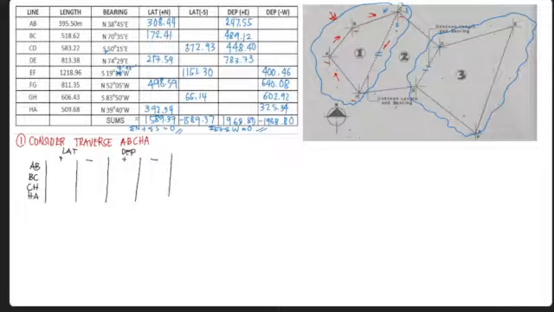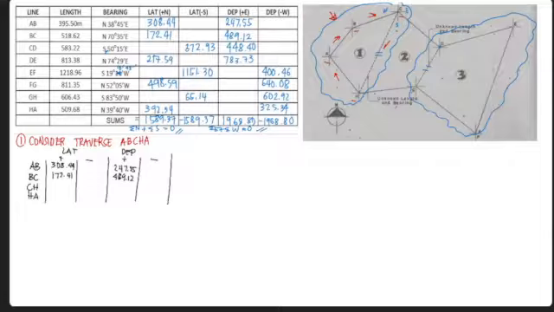So, for AB, our latitude is positive or north, 308.44. And the departure is east, 247.55. BC is 172.41 positive latitude. East or positive departure 489.12 for BC. CH is the unknown.